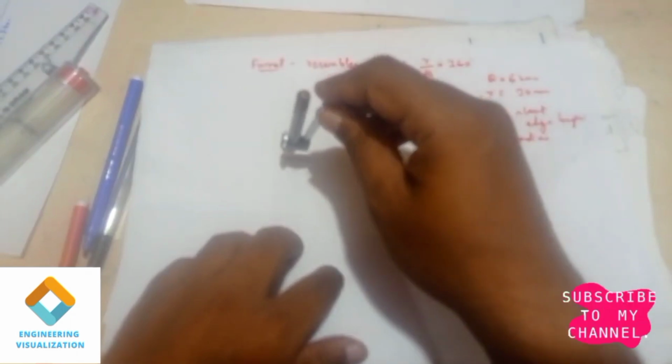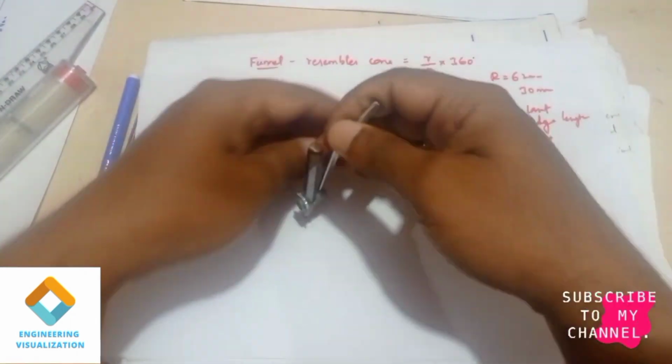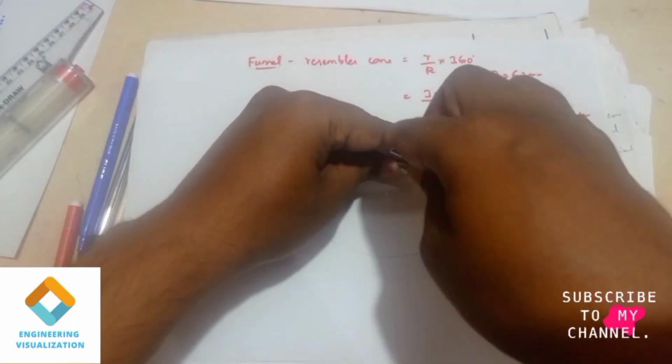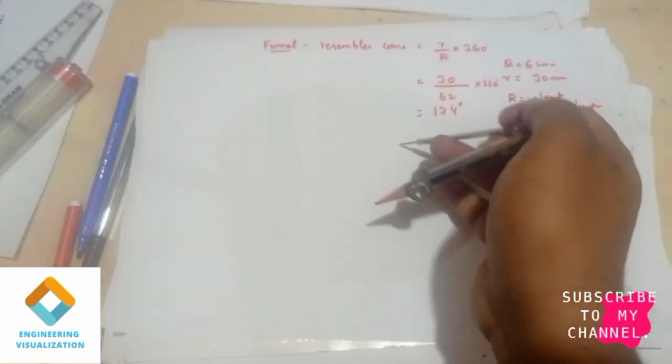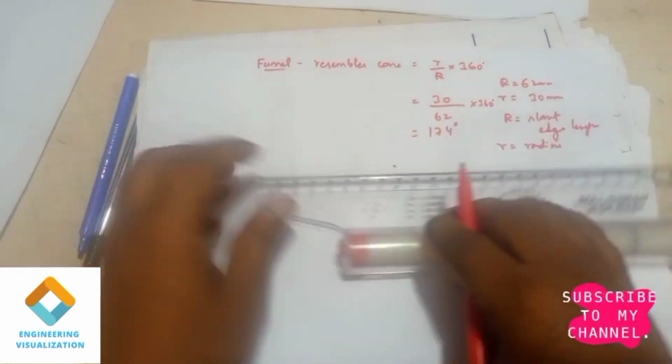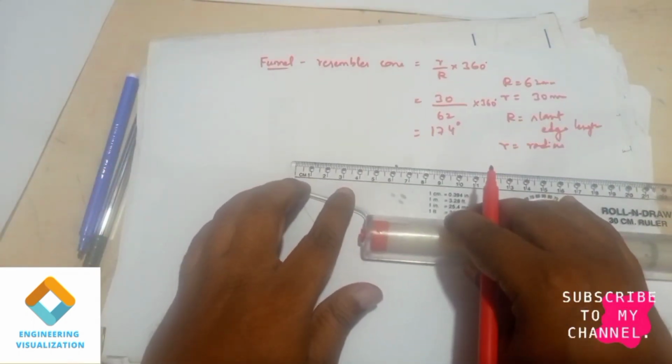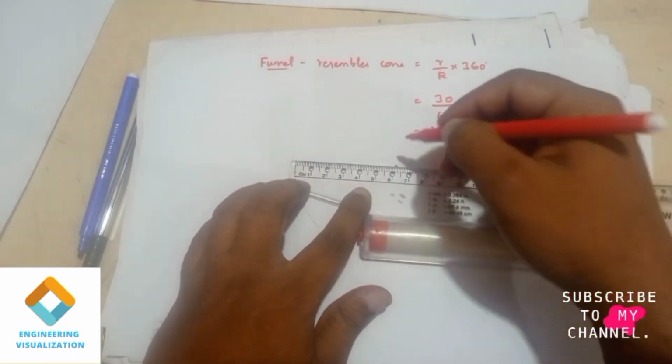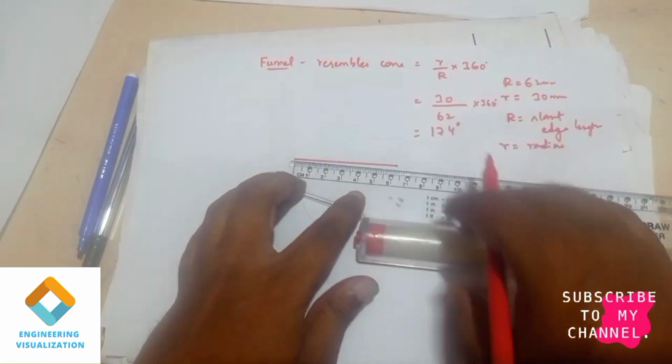So take 62 mm and draw an arc here, curve here. Okay, some semicircle type we need to draw, because here the angle it is 174 degree, right? So I can join this. This is having an angle length of 62 mm. You can mark.